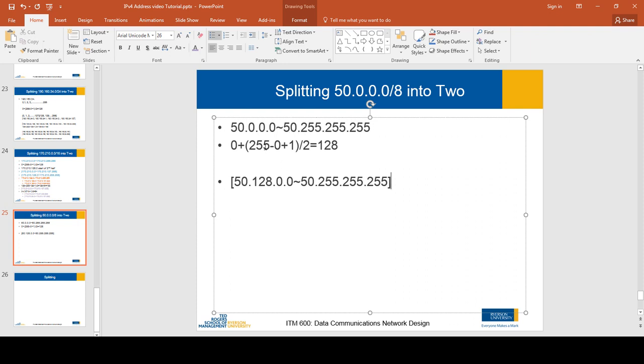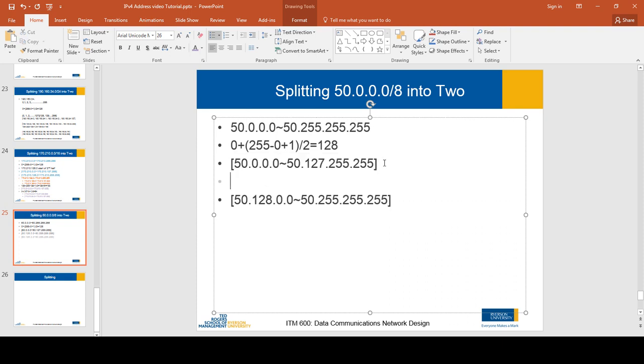When you split it into two equal halves, the start of the first half is of course the first IP given as the network address, and the last IP of the first half is one address before this one. So 50.127, it's not 0.0, it's 255.255. Okay, so this is the range of the first half and this is the range of the second half.